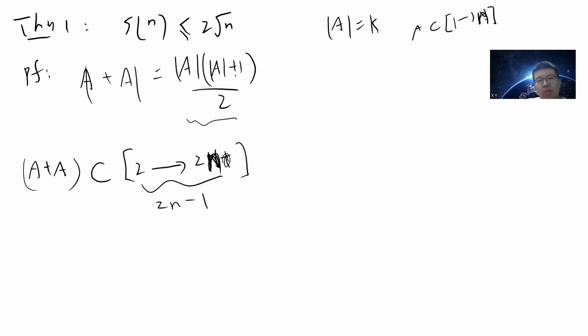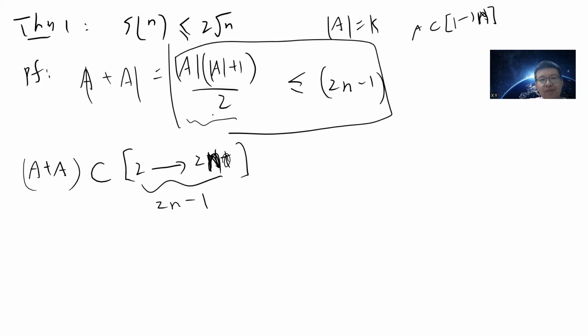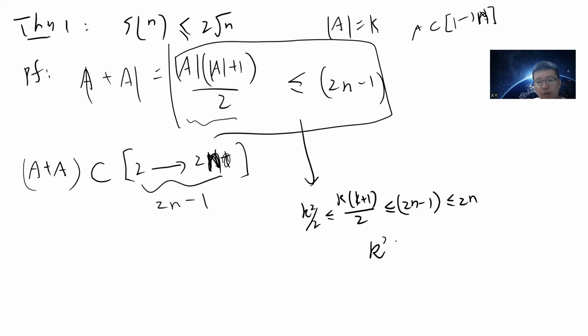So your k(k+1)/2 distinct numbers must be less than or equal to 2n minus 1, which is less than 2n. So this is also greater than k squared divided by 2, so k squared divided by 2 is less or equal to 2n. So k is less or equal to 2 square root of n. Okay, so this is the simple upper bound.